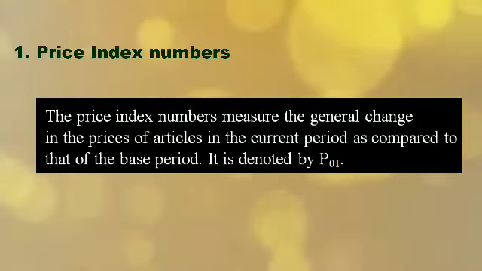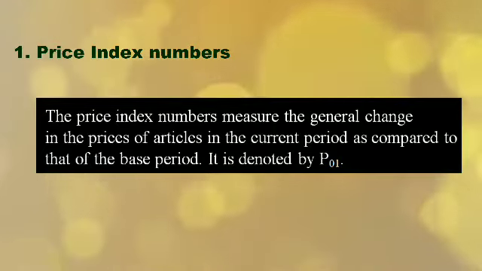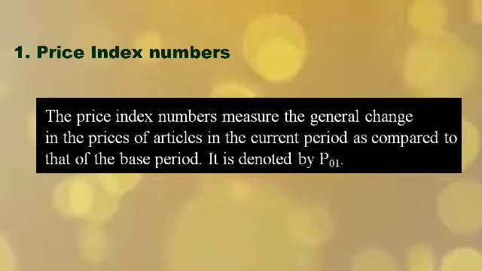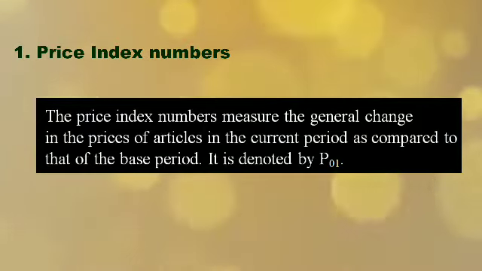Here the comparison is made between two different years of the price values of a commodity. One commodity or one item will be taken into consideration and its price will be compared between the base and the current year. Now take the same example, the price of 1 kg of rice.